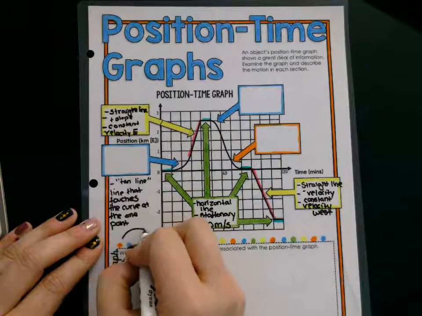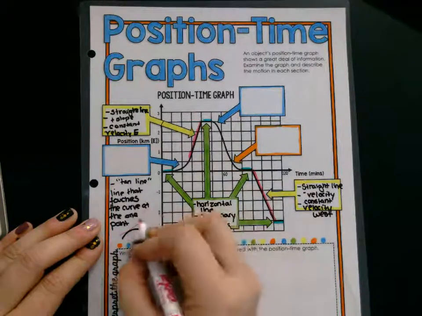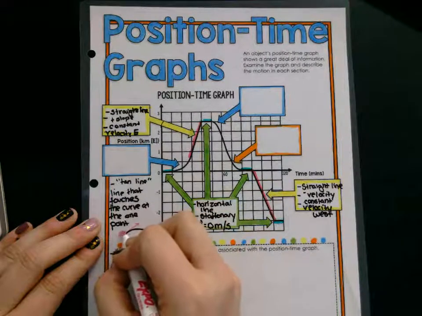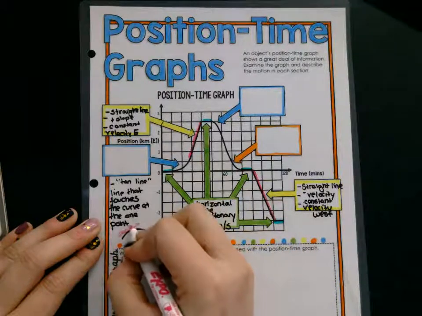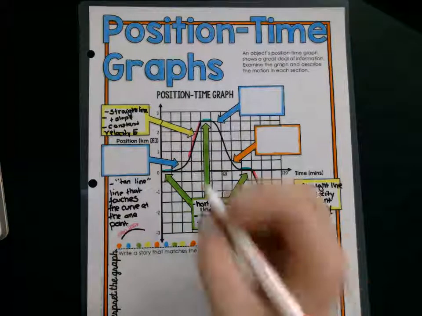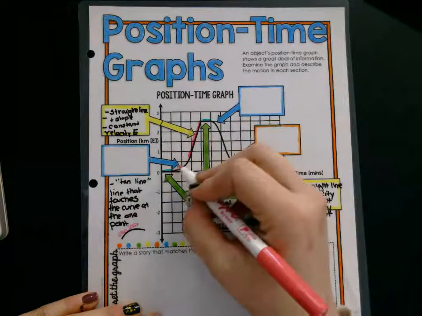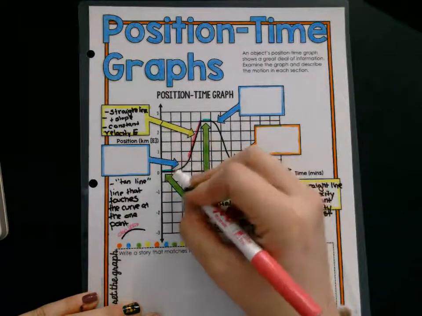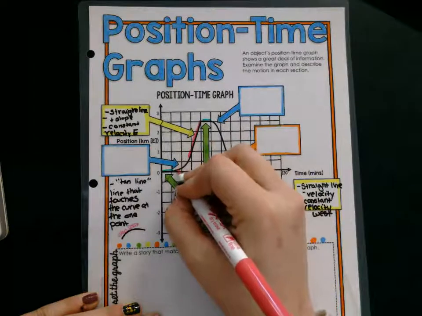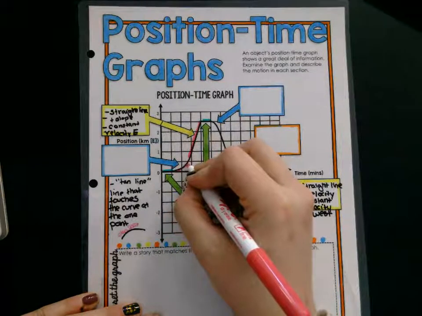So if this was my curve, my tangent line would touch it at just one point. So if I were to draw tangent lines here, I can't put them on this side because if I draw a tangent line on this side, it's going to intersect it when it gets up higher and lower. So my tangent line would be here. There'd be another one here. There'd be another one here.